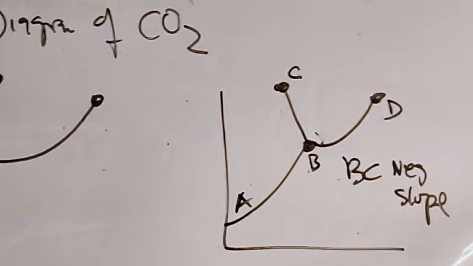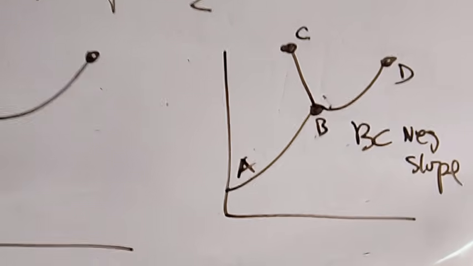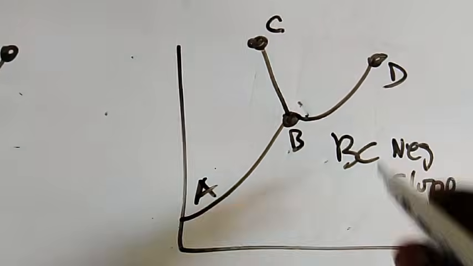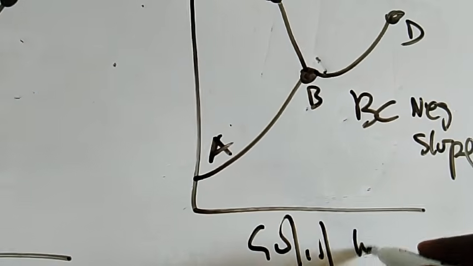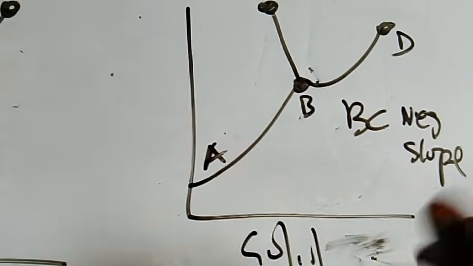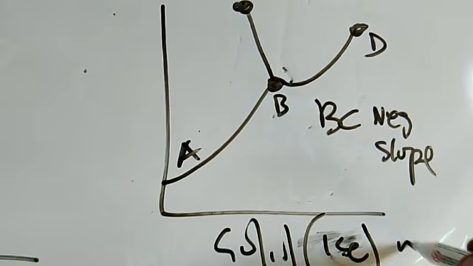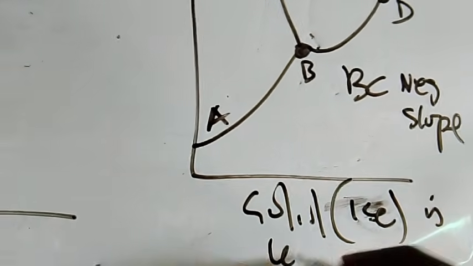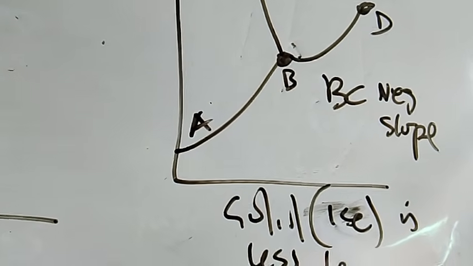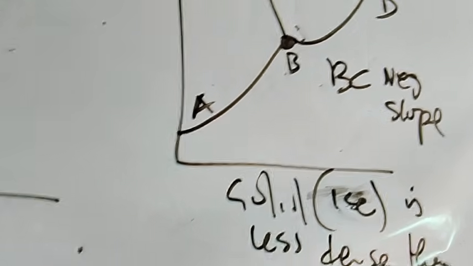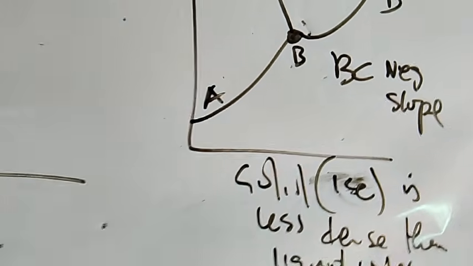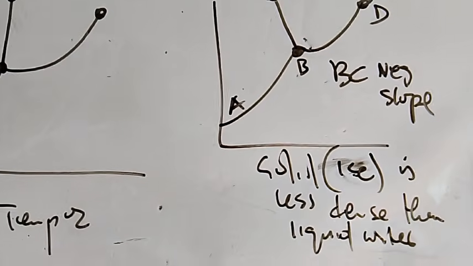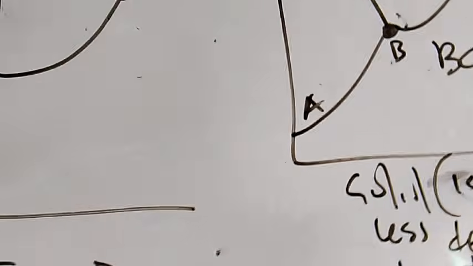This is because ice, solid water, is less dense than liquid water. Ice is less dense than liquid water, therefore ice floats in liquid water.